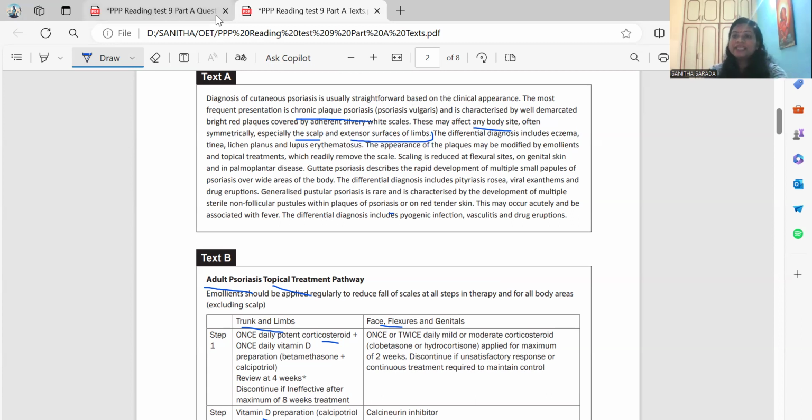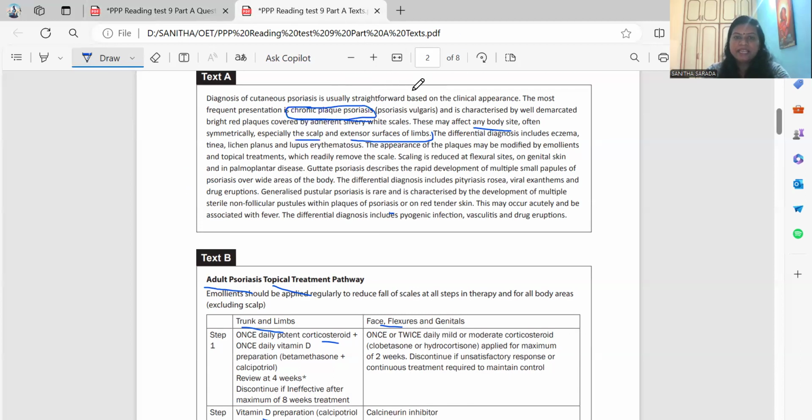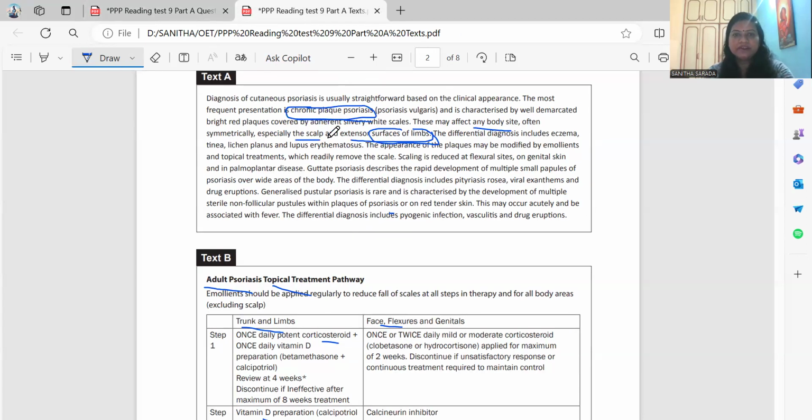So what are the keywords? One keyword is chronic plaque psoriasis. Second keyword is arms and legs, and we got surfaces of limbs. What are the limbs? Upper limbs and lower limbs. In addition to arms and legs, which area is affected?